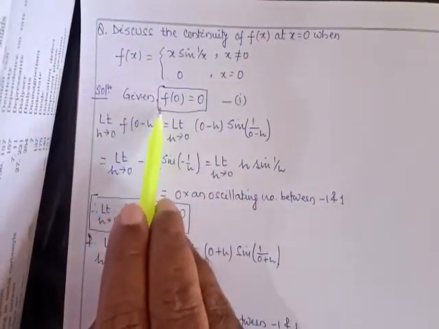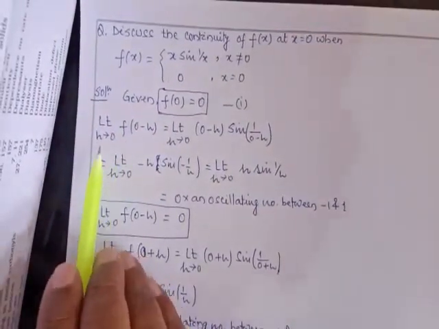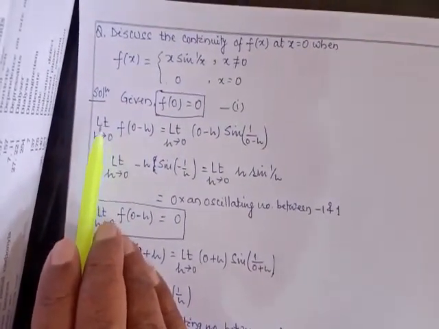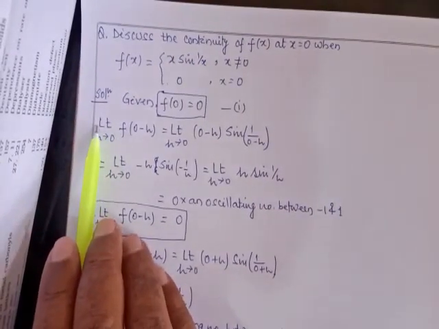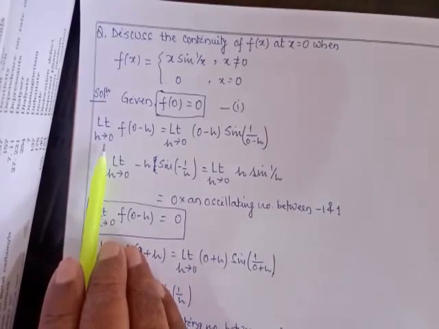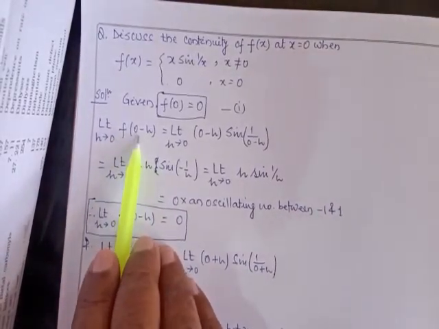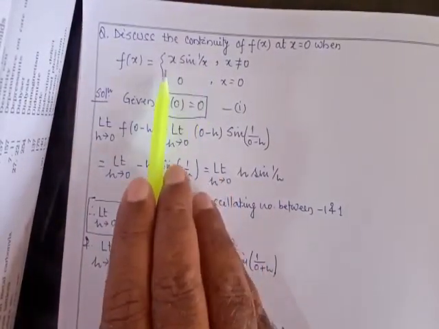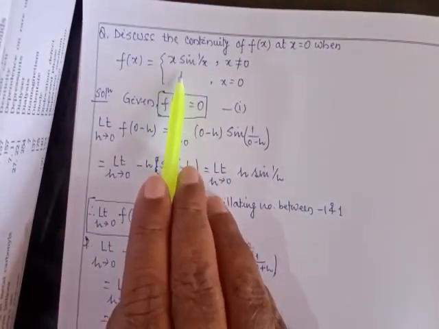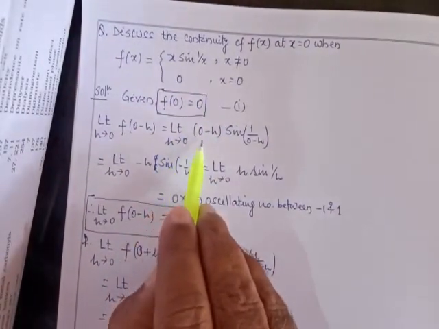Next, calculate left hand limit. In left hand limit it should be written as limit h tending to 0 f(0 minus h). Obviously 0 minus h is not equal to 0, so we will apply the first one. Replace x by 0 minus h. So it should be limit h tending to 0, (0 minus h) into sine 1 upon (0 minus h).